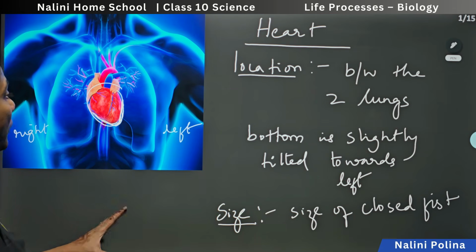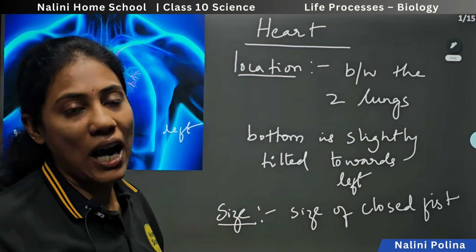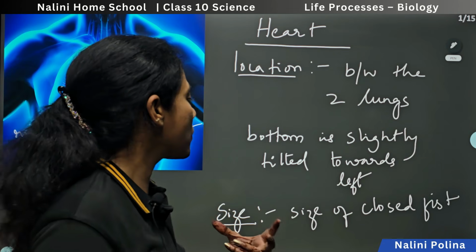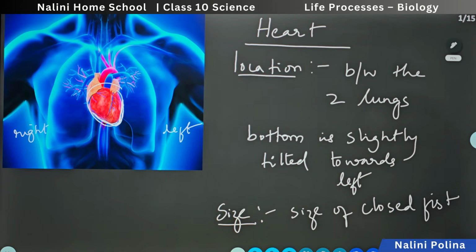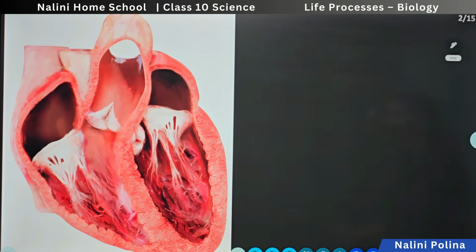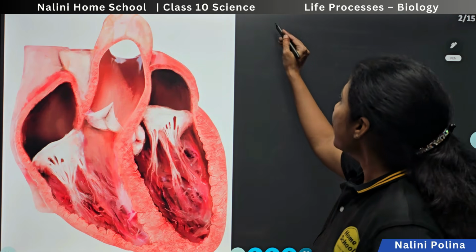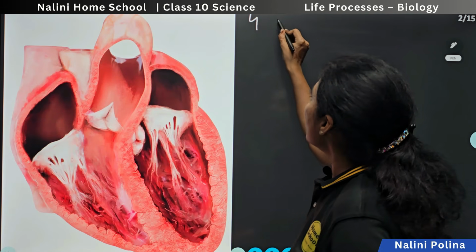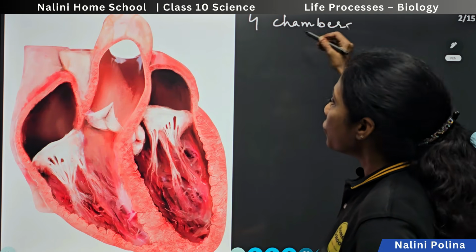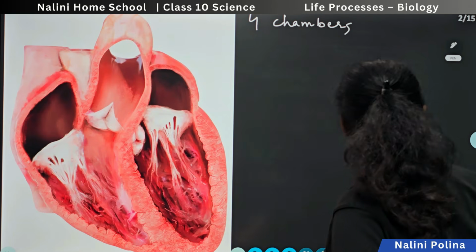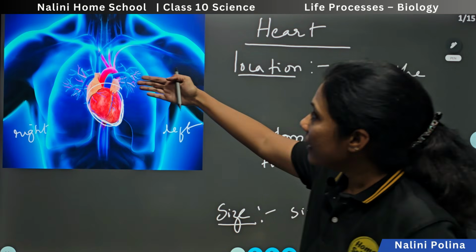Now coming to the internal structure of the heart. The heart has four chambers. Our human heart is a four-chambered heart.